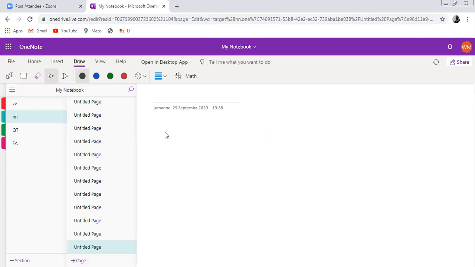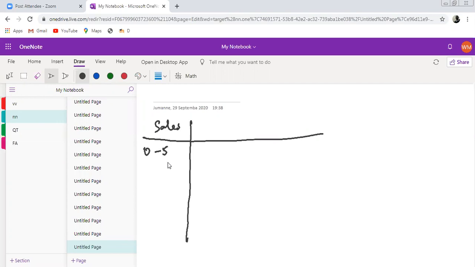If you are given this table or a table like this, maybe you are given the sales that are made by organizations in a particular week. So we have maybe 0 to 5, 5 to 10, 10 to 15, 15 to 20, maybe 20 to 25. These are sales, and let us say they are in 1,000 shillings.